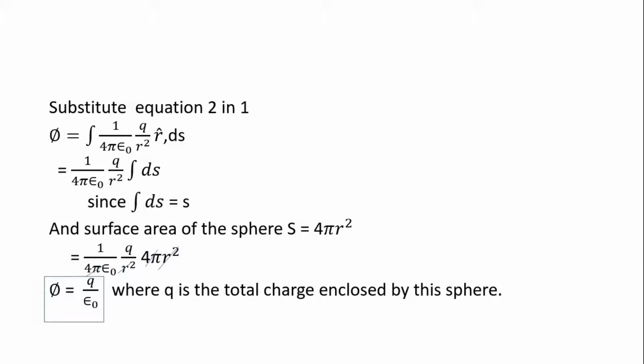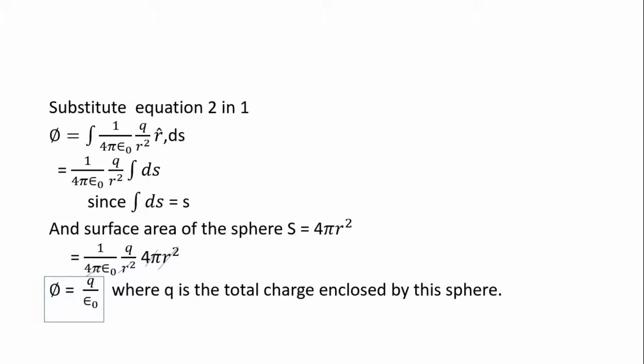That is phi is equal to the integral of, in place of E, what are we substituting? 1 by 4 pi epsilon naught times Q divided by R square times R cap, and dS remains as it is. Here 1 by 4 pi epsilon naught and Q divided by R square are constants. Here dS is the small area element, small area of the surface.